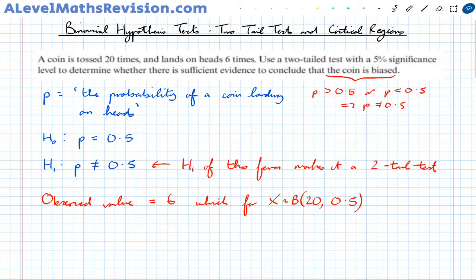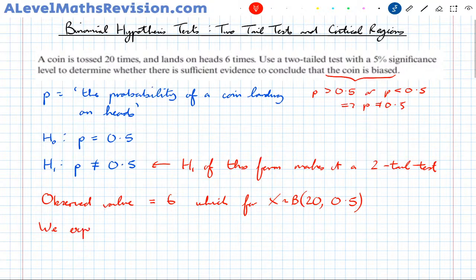So my question to you all, though, with a fair coin that we toss 20 times, how many heads do we expect? Ten, yeah. So 20, and half of them are going to be heads.